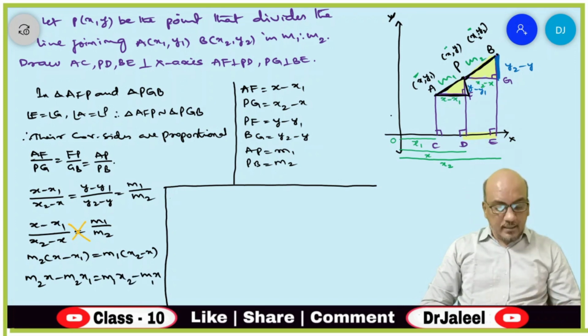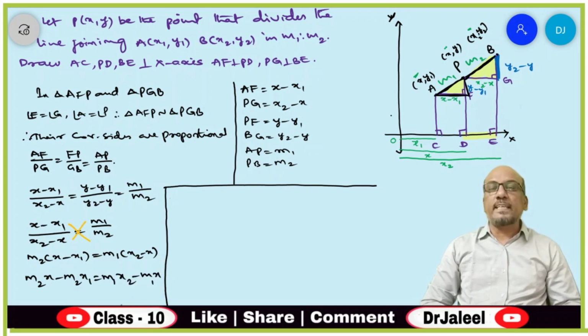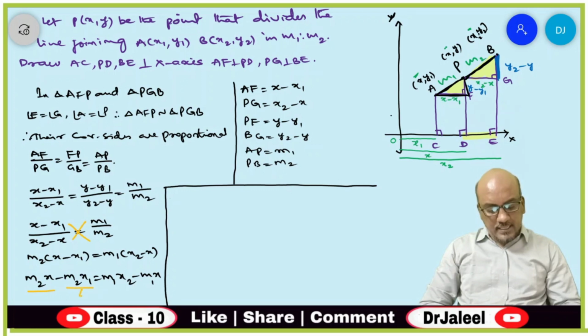Here we should not forget our target. What is the target? To find the value of x. So we will take all x terms to one side. This is x, so I'll keep it as it is. This is x1, I don't want it, so I will push it to the right side. Here there is x, I will take this x to the left side.